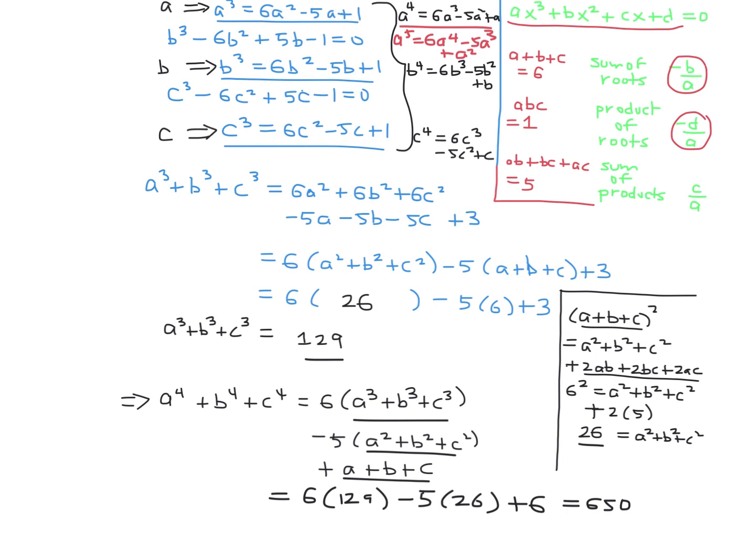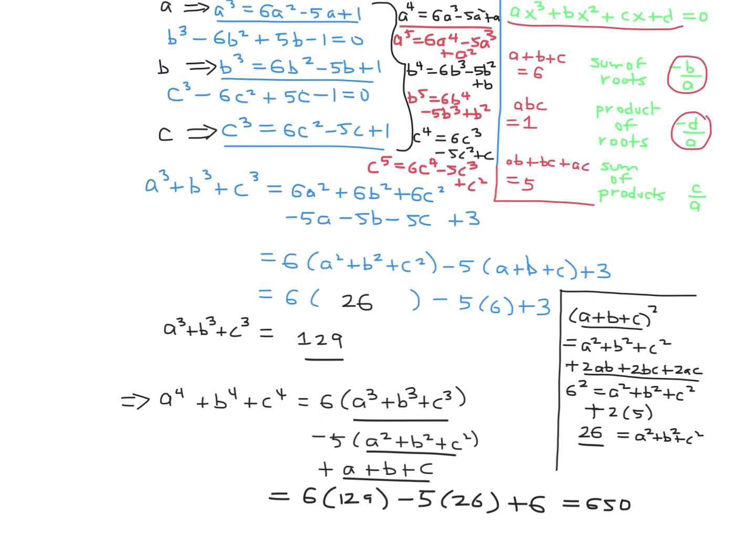Same thing, b to the power of 5 is equal to 6b to the power of 4 minus 5b to the power of 3 plus b squared. And then c to the power of 5 is equal to 6c to the power of 4 minus 5c to the power of 3 plus c squared.